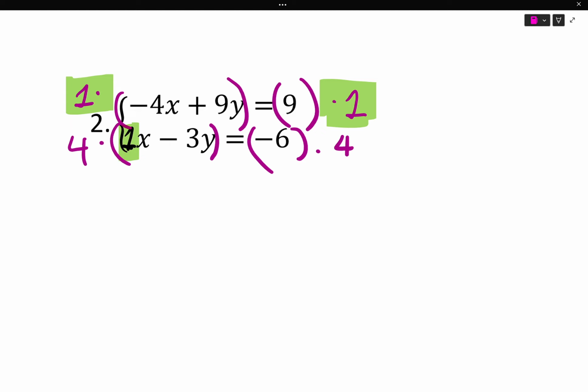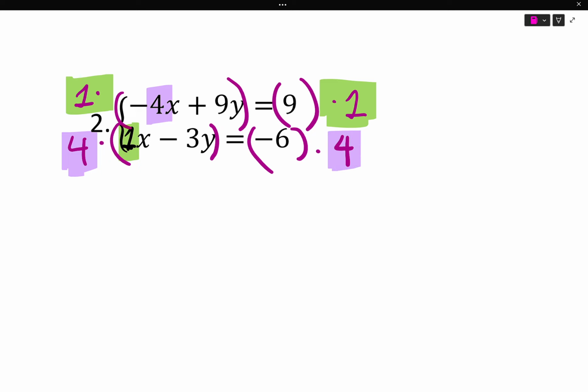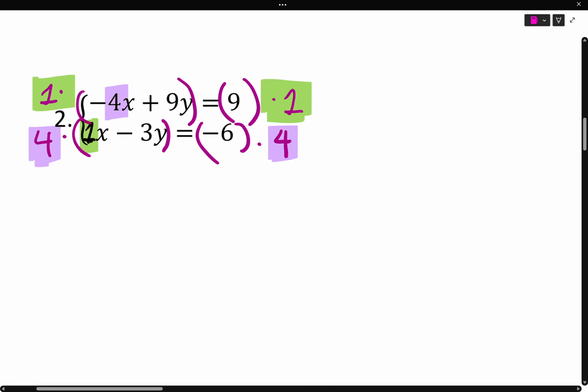Now you're probably wondering, why aren't you multiplying by a -4? Well, I don't need to change the symbols. I already have a positive, I already have a negative. So I don't want to mess around with the symbols that I have. I want to keep the top one negative, keep the bottom one positive because they will cancel as long as they're both 4s.